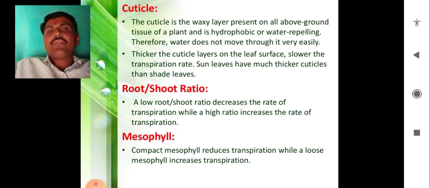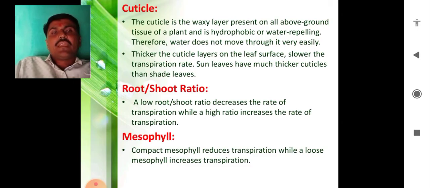The cuticle is the waxy layer present on all above-ground tissue of the plant and is hydrophobic, or water repelling. Therefore, water does not move through it very easily. The thicker the cuticular layer on the leaf surface, the slower the transpiration rate. Sun leaves have much thicker cuticles than shade leaves.